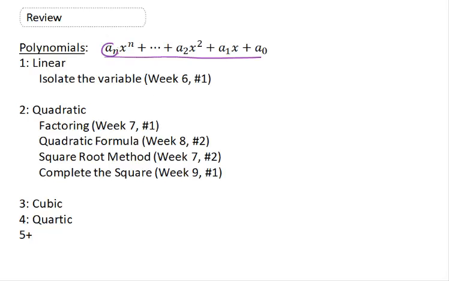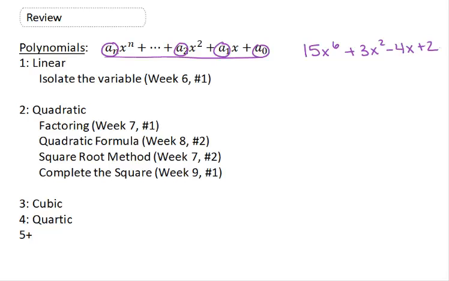Remember, all of these A's are numbers or coefficients, and then the x's to the exponents are in descending order. So an actual example of this might look something like 15x to the 6th plus 3x squared minus 4x plus 2. That is an example of a polynomial.